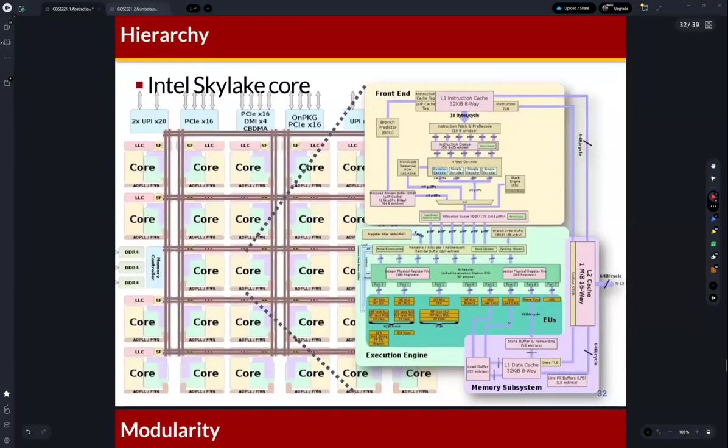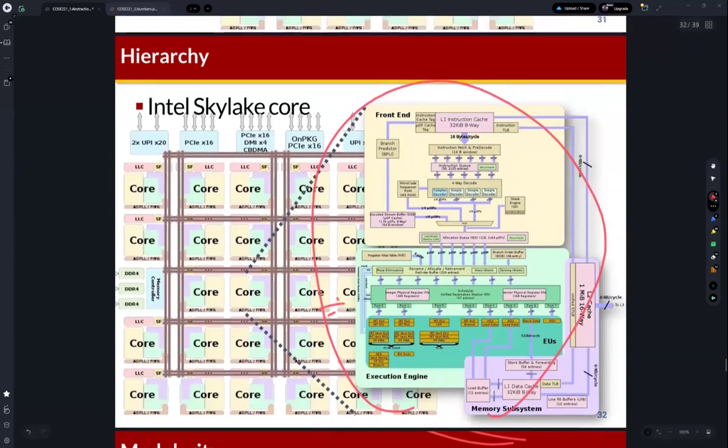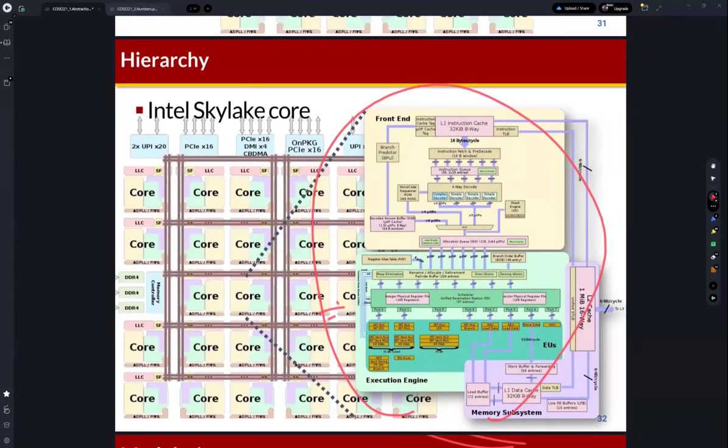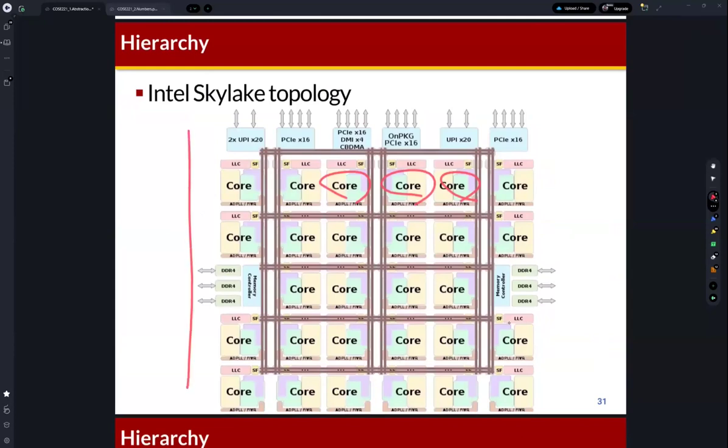But inside each core, you can find many different components, like here. Okay. So this is an example of hierarchical design, right? This is a single chip.